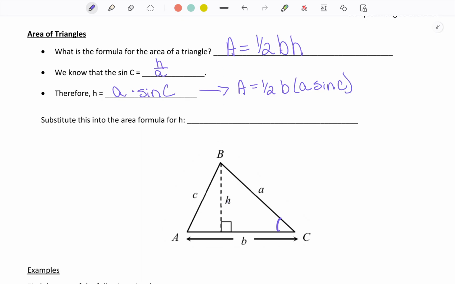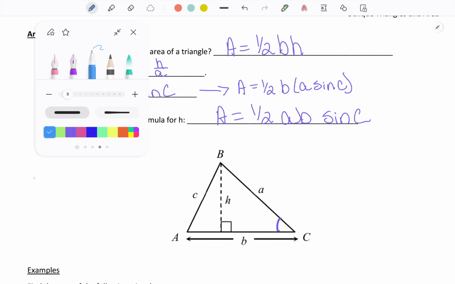And so we're just going to make that a little bit prettier. And so we have 1/2 AB times the sine of C. This can be a formula that we use when we're not given the base and height of the triangle. But here is the thing.